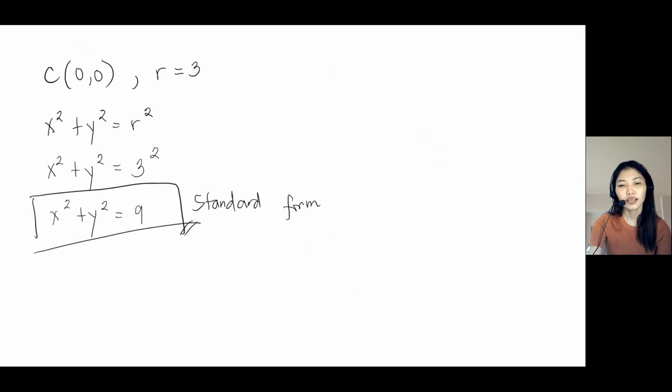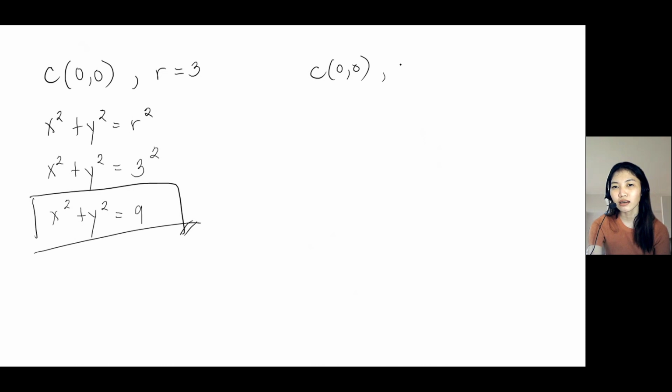Okay, so another example. The center is on the origin again, so 0, 0, and r is equal to 2 over 3, for example. Again, just simply substitute the value of r in the equation. That is x squared plus y squared is equal to r squared.